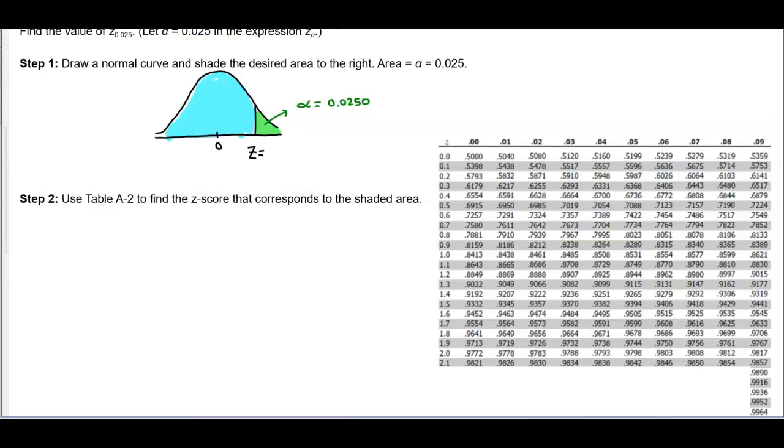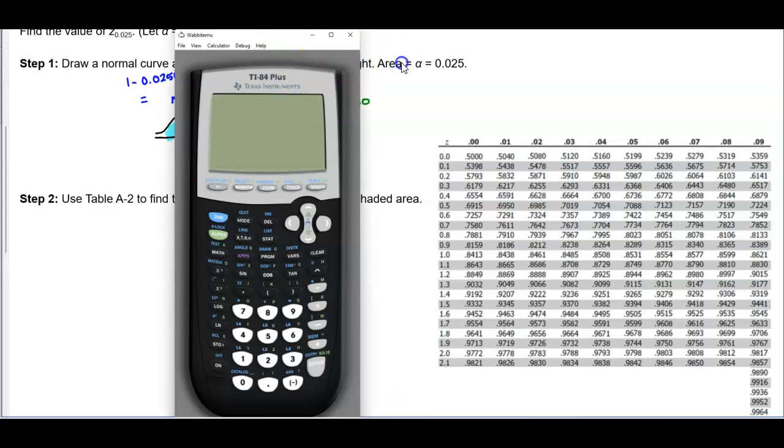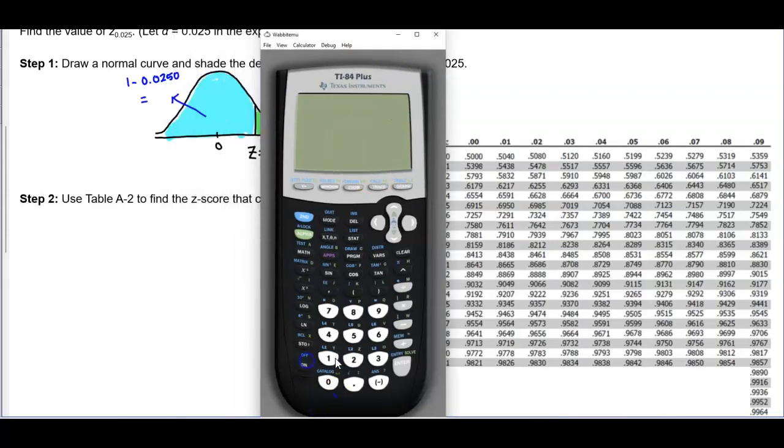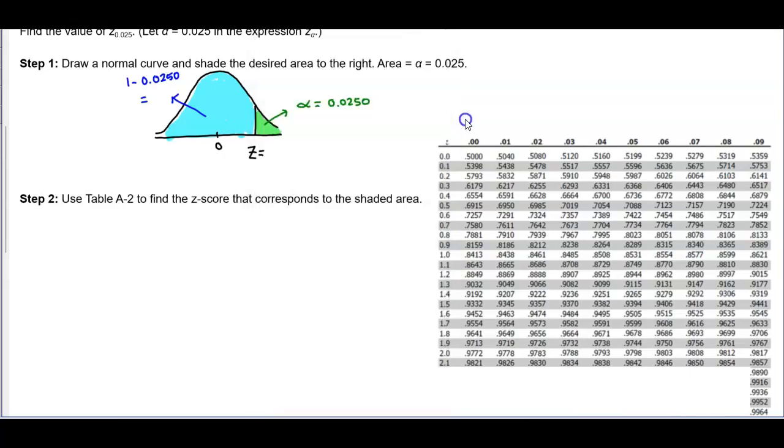So in order to find the area here, we're going to take 1 and then subtract 0.0250. Let's go ahead and do that on our calculator. If we take 1 and then subtract 0.0250, that gives us 0.9750.